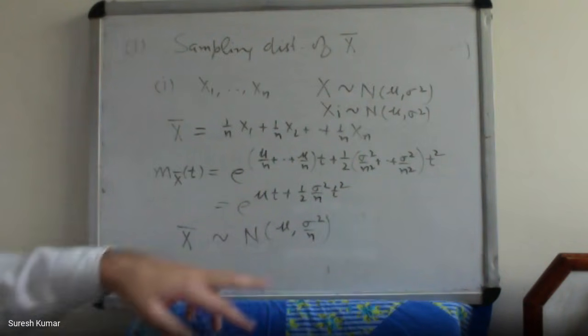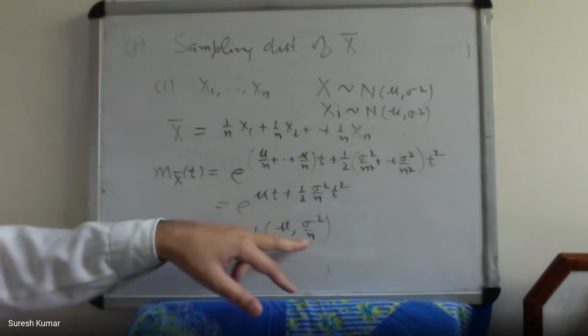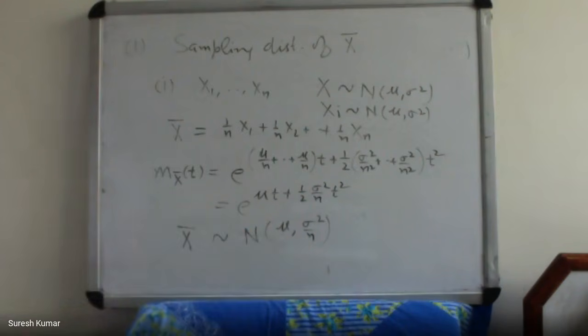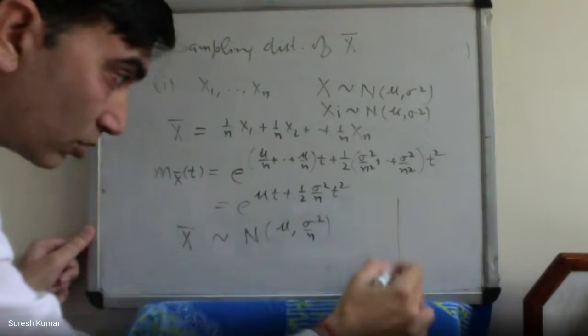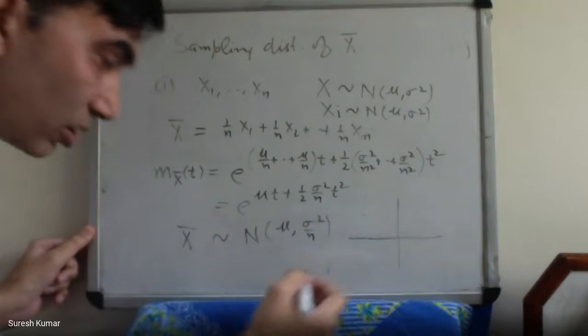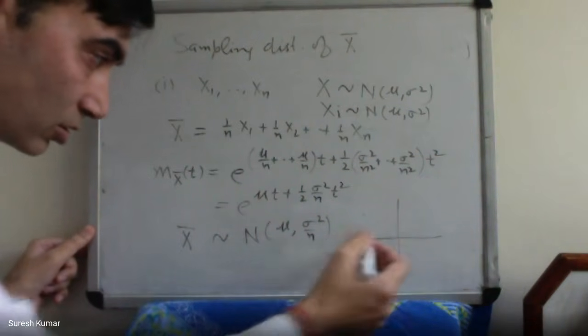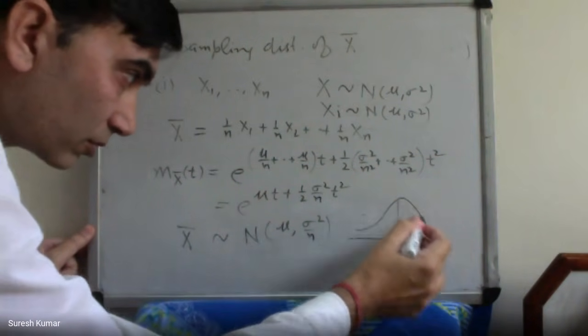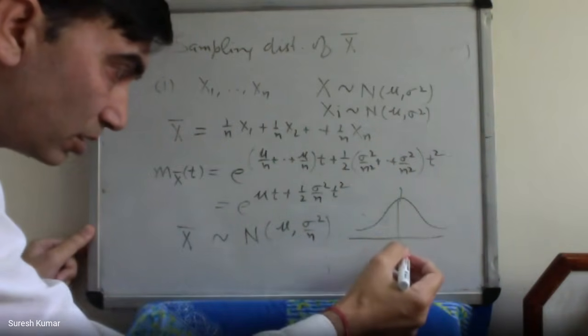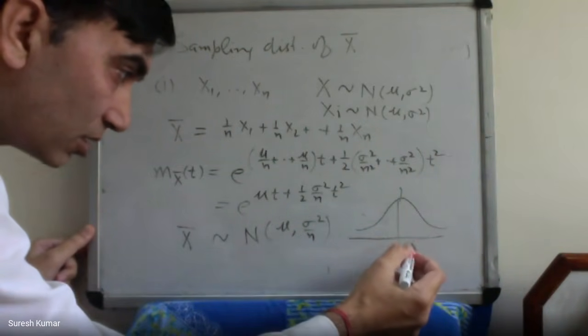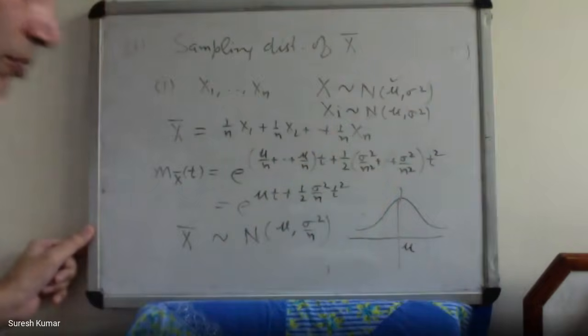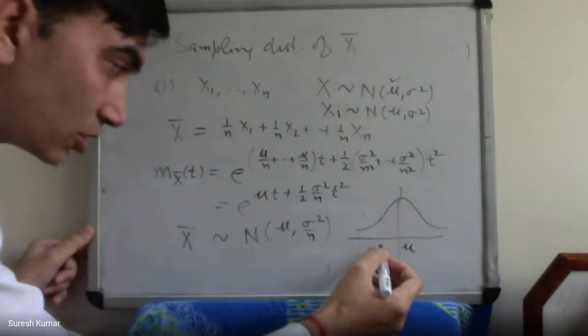Here we have an important property that you should see carefully. The sample mean has the same mean as the population mean. Variance is sigma square over n.